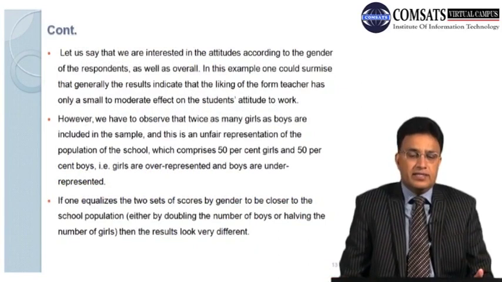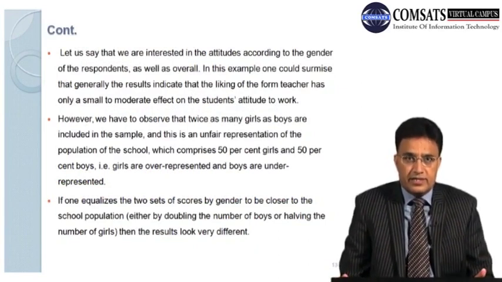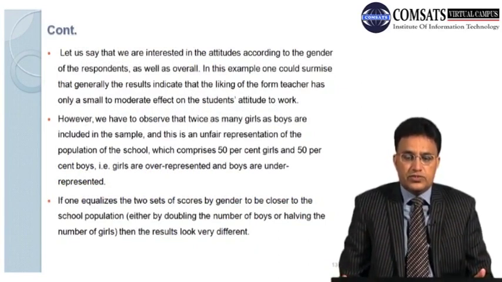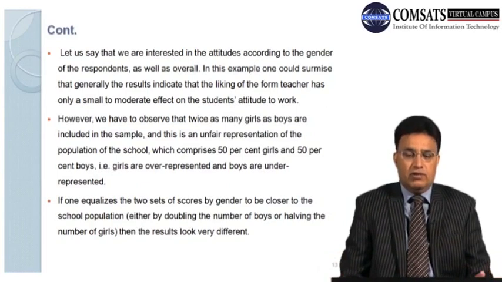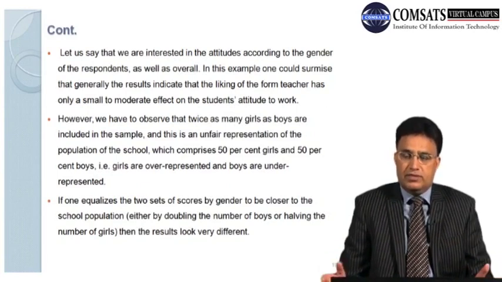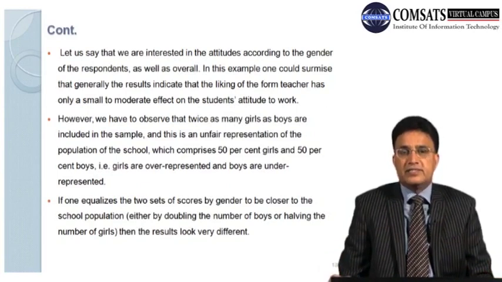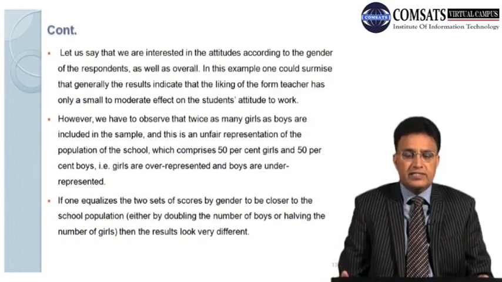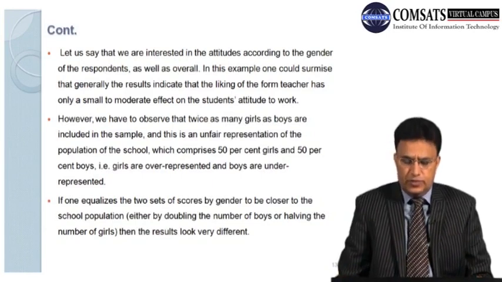Let's say that we are interested in the attitudes according to the gender of the respondents, as well as the overall results. In this example, one could surmise that generally the results indicate that the liking of the form teacher has only a small to moderate effect on the student's attitude to work.